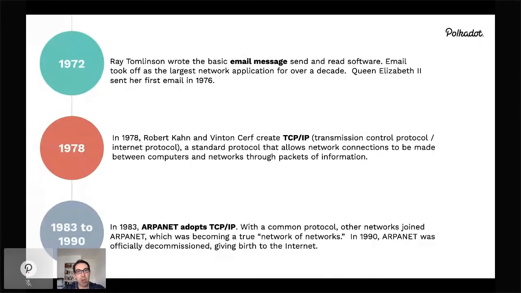So now that there was this common protocol, we had other networks joining the ARPANET. And so instead of just the ARPANET, it was NSFNet and DoDNet and all of these different networks, FidoNet, that could all connect to each other and talk to each other using the same language. Eventually, ARPANET was decommissioned, turned off, and that gave birth to the internet.